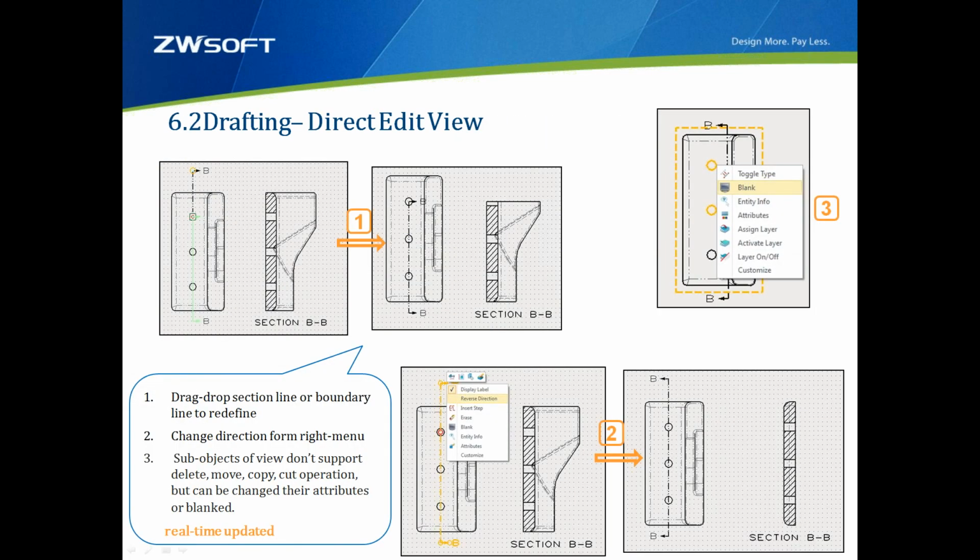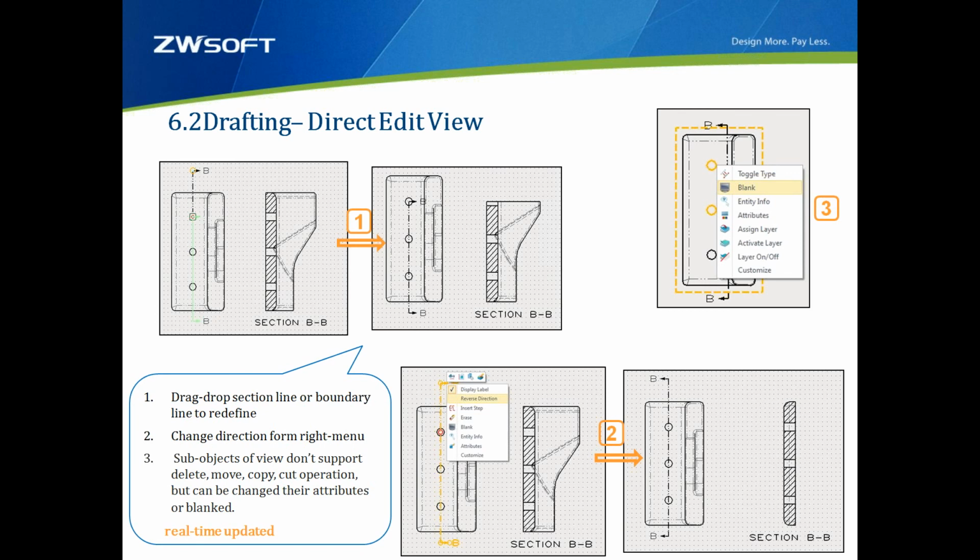Now, second, it is very good information. It's about direct edit view. It means that when we create the section views, after creating, we can directly drag and drop the section line to any point, and then the section view will automatically update.